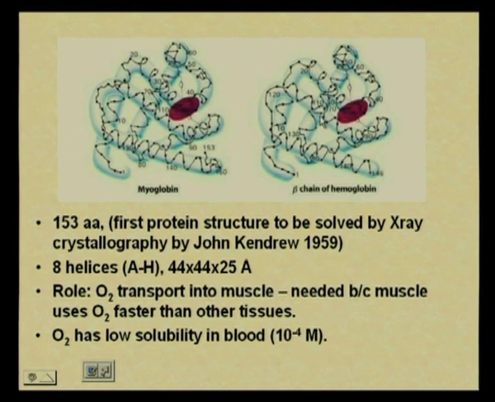But the difference between myoglobin and hemoglobin is that myoglobin is a monomeric protein, whereas hemoglobin is a tetrameric protein. It has 2 alpha chains and it has 2 beta chains. Okay? It is a tetrameric protein, but if you look at the beta chain, it has a very similar structure to the myoglobin, and this is the heme portion of the molecule.